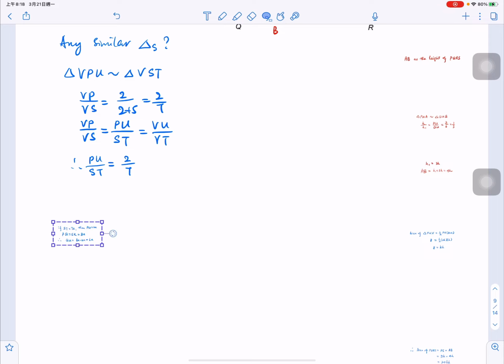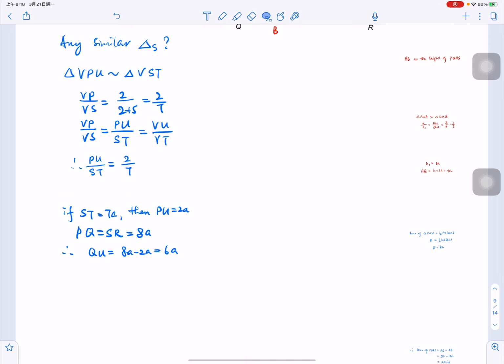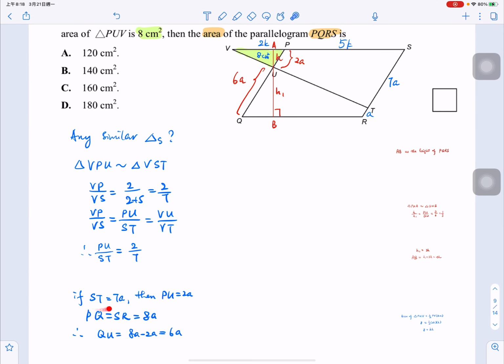So if ST now is 7A, PU will be 2A by similar triangles, right? And PQ, SR, they will be 8A.